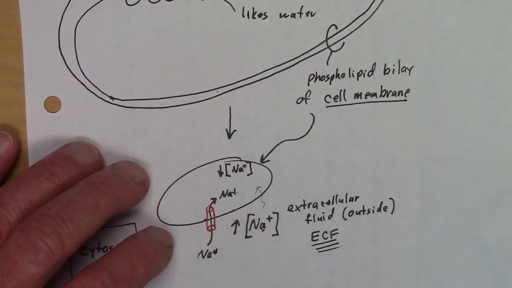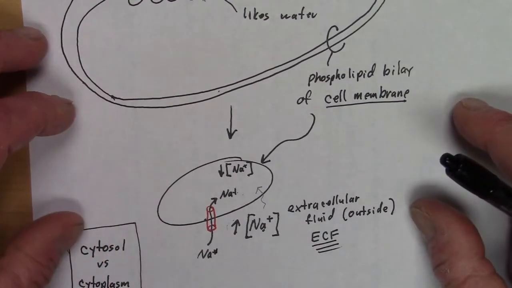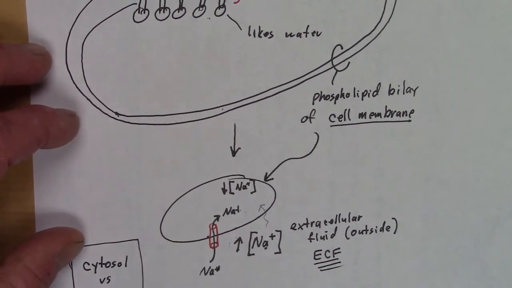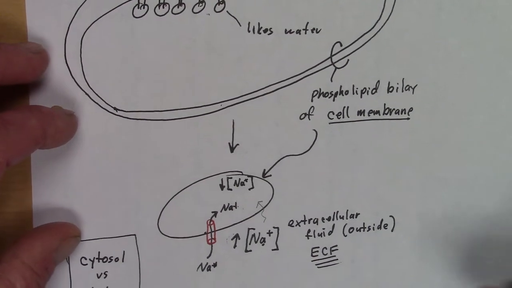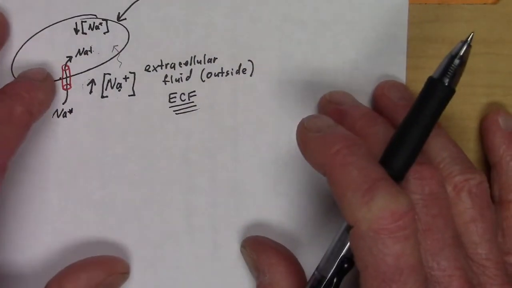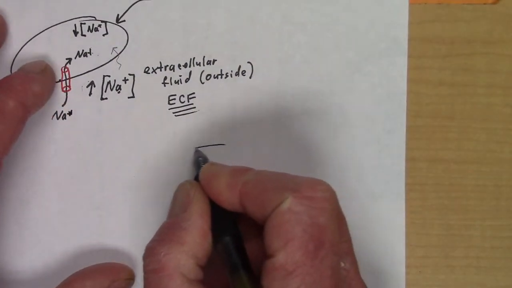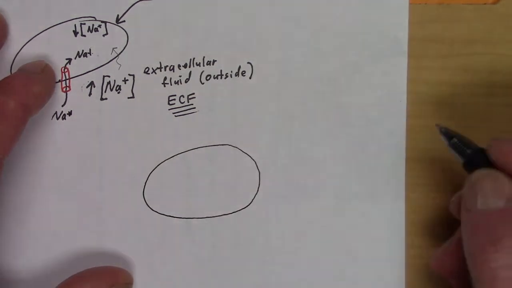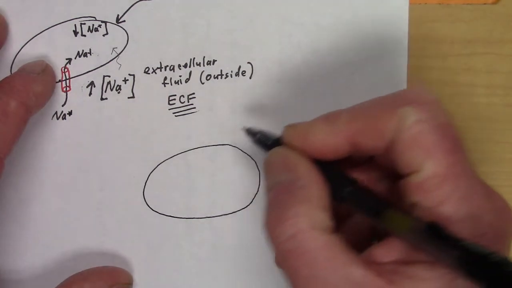Another function of the membrane is that there are, again, lots of different proteins in the cell membrane. So some cells, pretty much actually all cells, have protein receptors. And these are proteins.